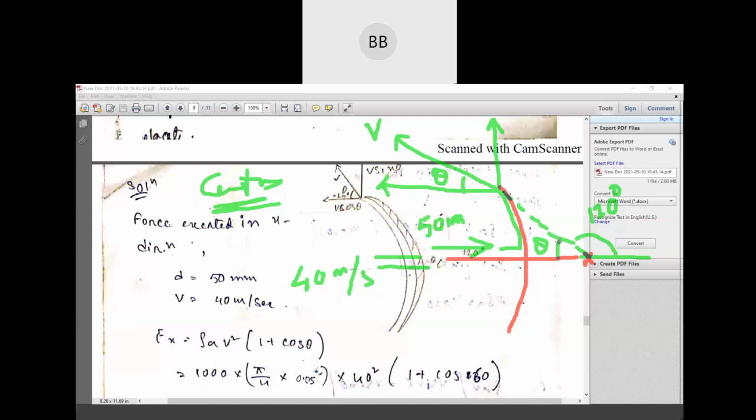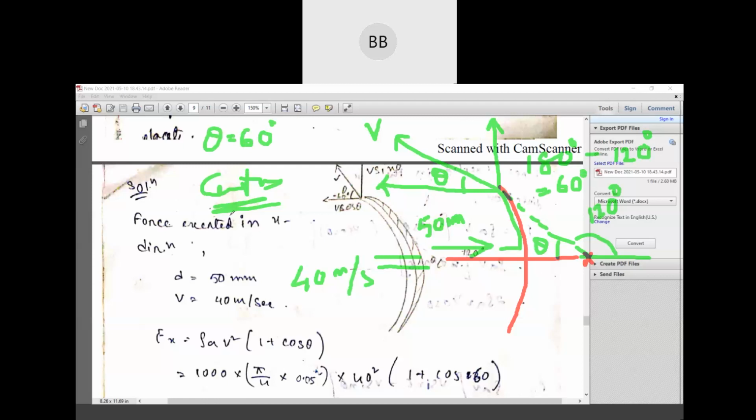So this theta is nothing but 180 minus deflection angle. 180 minus 120 degree is equal to 60 degree. So here in this question your theta is equal to 60 degree.